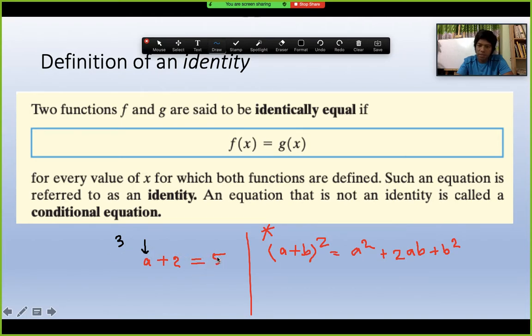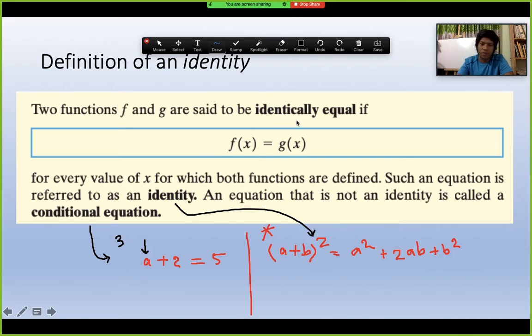And this is the clear difference between conditional equation and identity. This one is called conditional equation because this is true for only some specific value of the given variable. And this is identity because this is true for any value of the given variable.